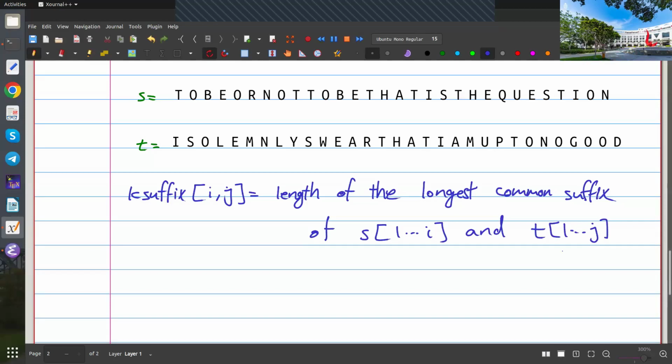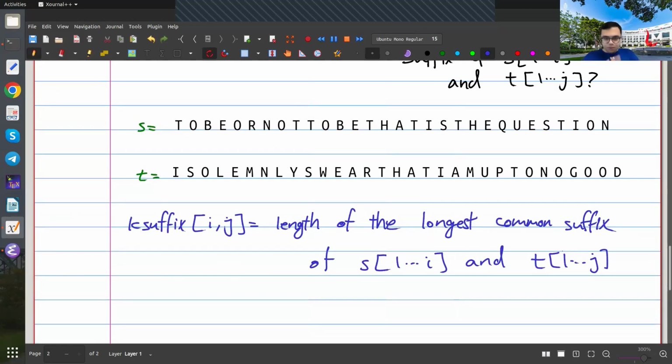And of course, if I can calculate all of these things, whenever I have a query, I just look into my table and I say, this is the answer, right? So how would you do this?